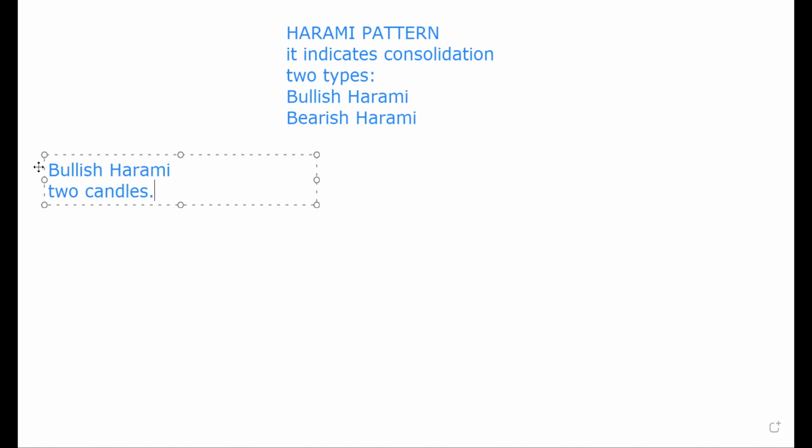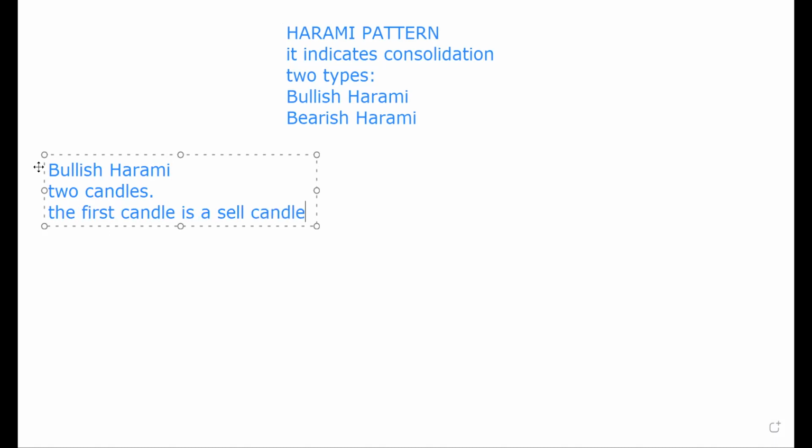So the first candle is a sell candle. The second candle is a buy candle. This pattern is comprised of only two candles.